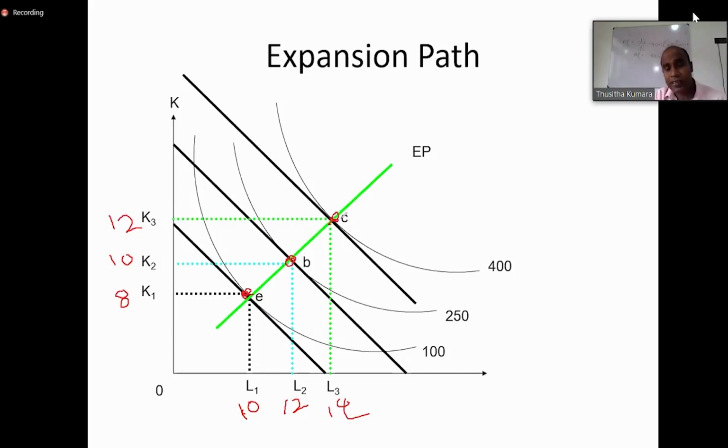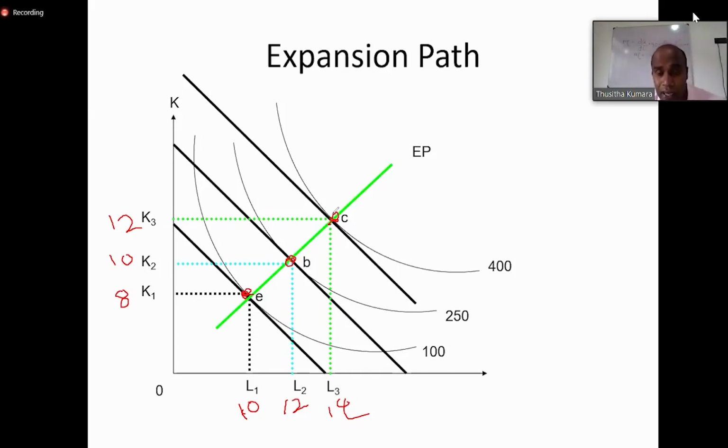So all these points tell us, if you take MRTS equal to W by R, irrespective of the budget and the output level. We are not worrying about the budget, we are not worrying about the output level, but we are worrying about the efficient allocation of resources.